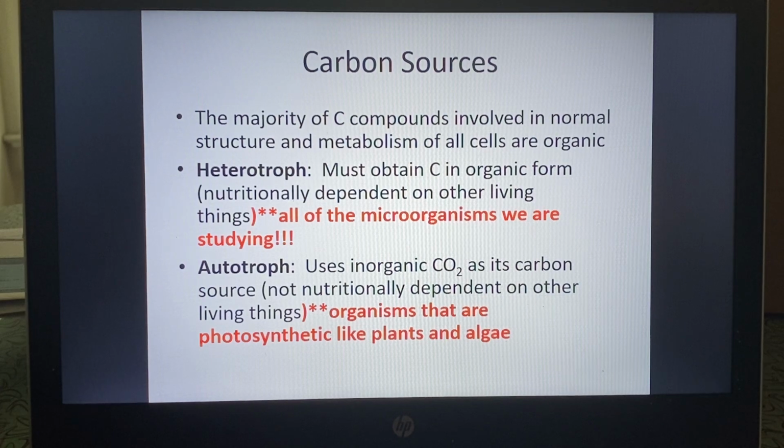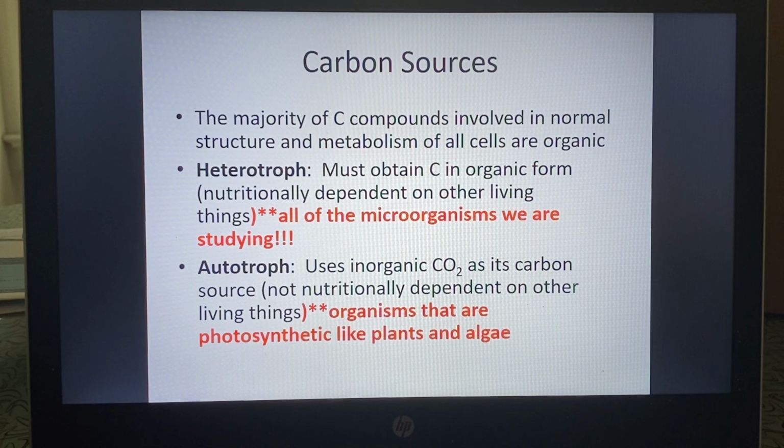And you are a heterotroph, right? You have to eat, okay? Or you're going to starve to death and eventually you will not be around. So you also are a heterotroph. The autotrophs are the ones like plants and algae that can harness light and basically make their own nutrition.